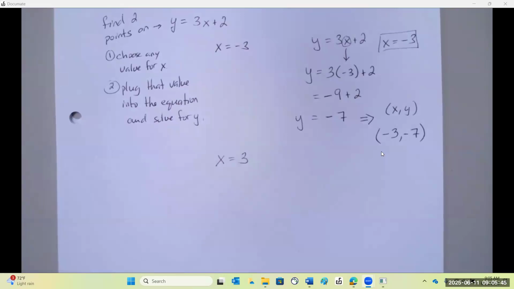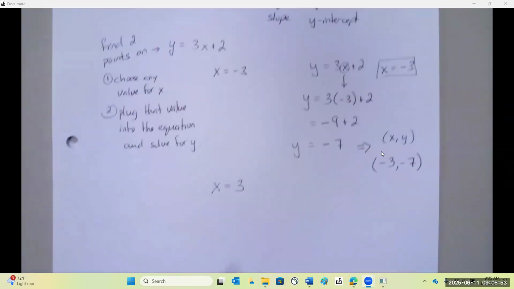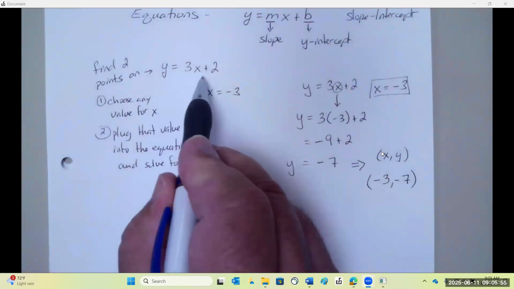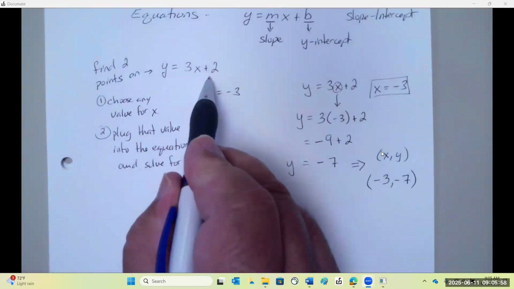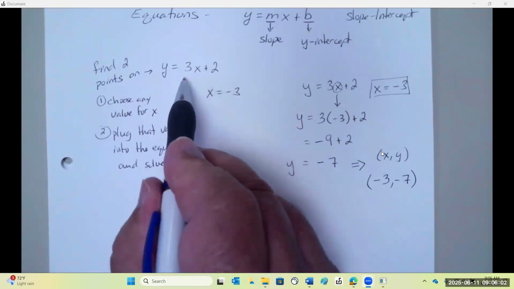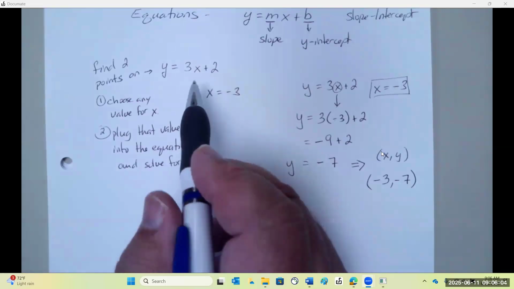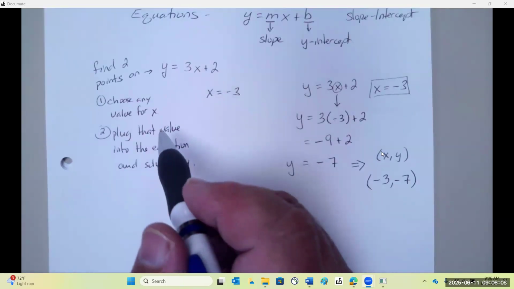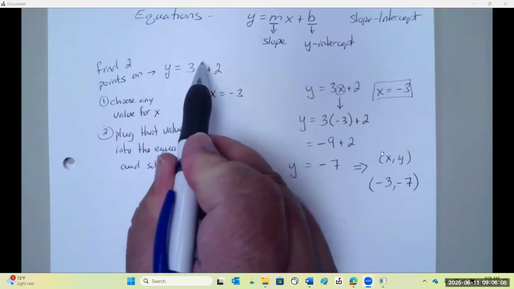Does it matter which x you pick? No. Because if everybody picked their own 2 values, well, what do we know about this graph of this equation? What's the graph going to look like? It's linear. Why is it linear? It doesn't have an exponent, right?